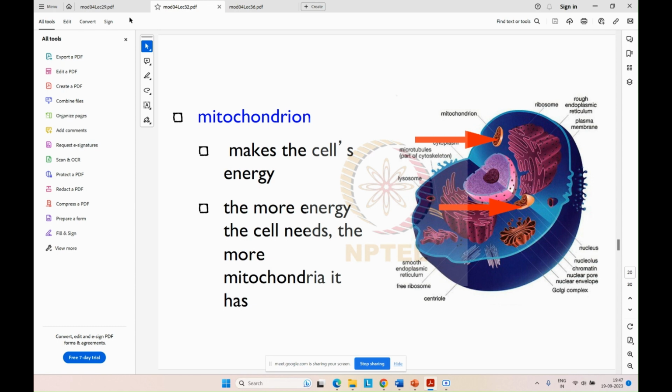Because it needs to produce a higher amount of energy, it needs more mitochondria. So if you compare muscle cells versus intestinal cells, you would see that muscle cells have a higher density of mitochondria as compared to intestinal cells.